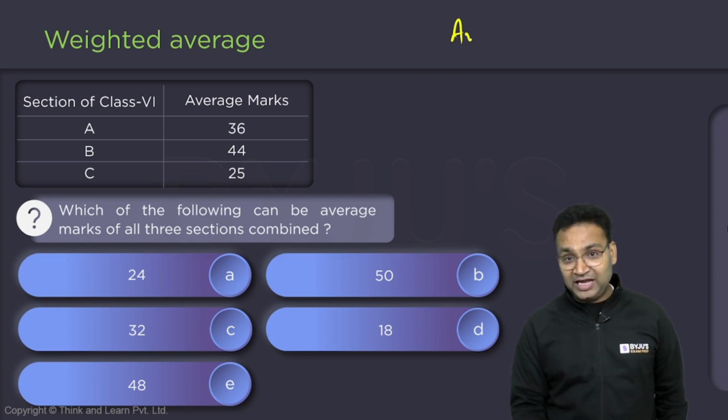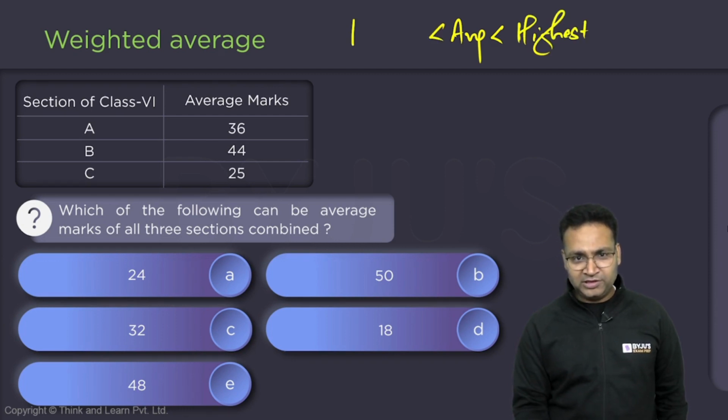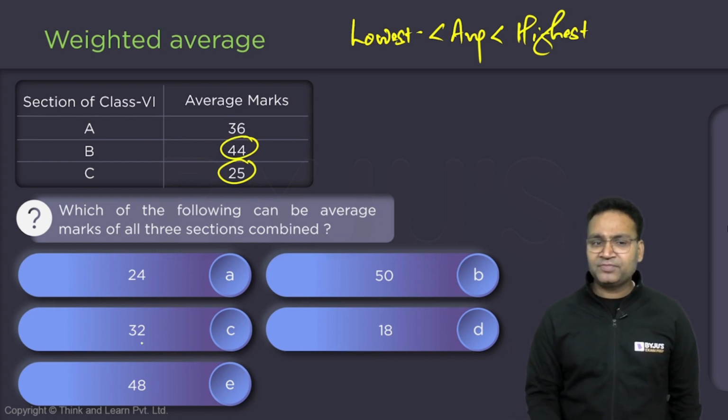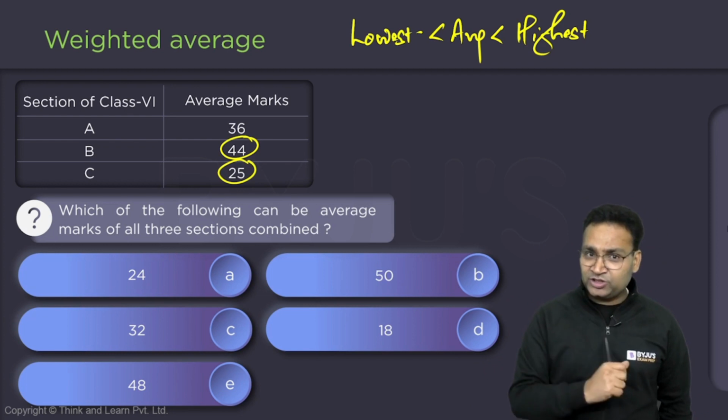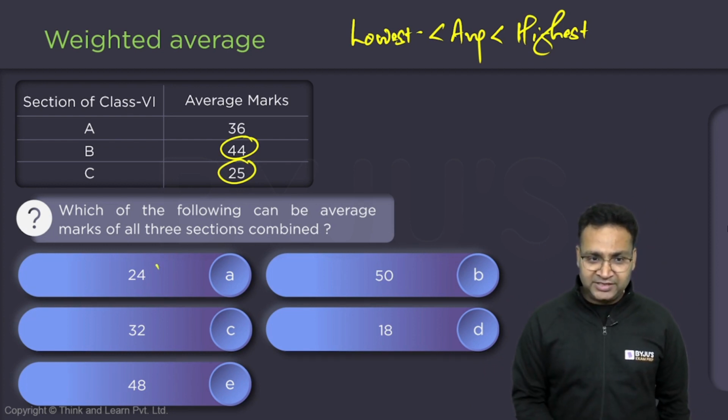The final average is always less than the highest, but more than the lowest. So if you look at this, the lowest is 25, highest is 44. In any case, your average must be in this range. Less than 25, not allowed. More than 44, not allowed.